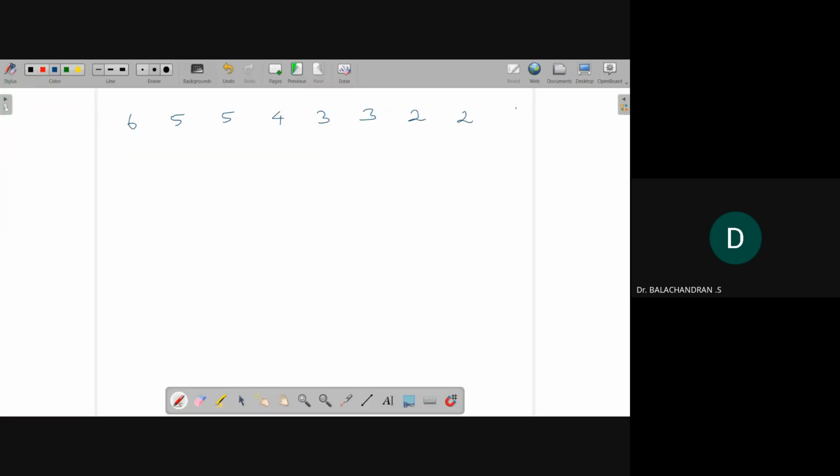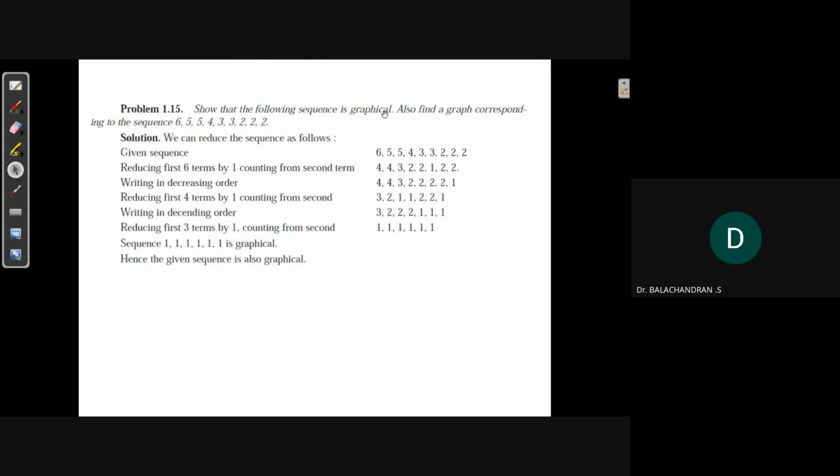We show that this is graphical. Graphical means we can draw a graph. Also find a graph corresponding to this degree sequence, so we should draw a graph also.